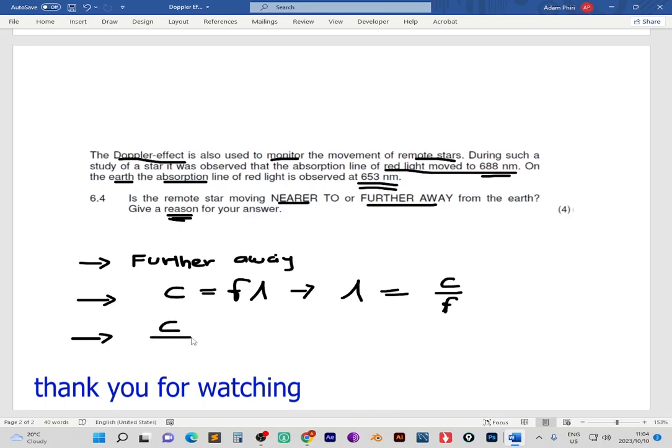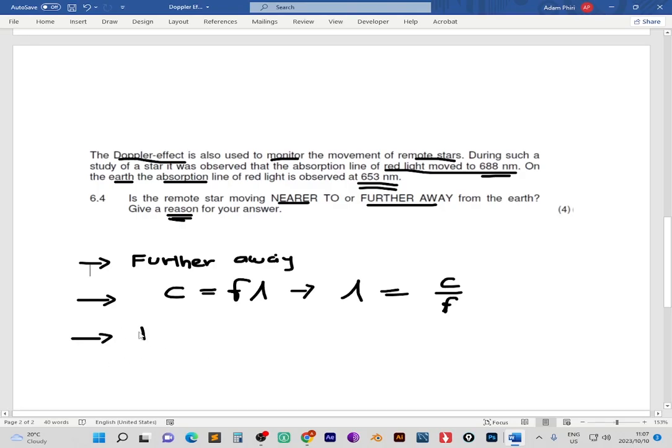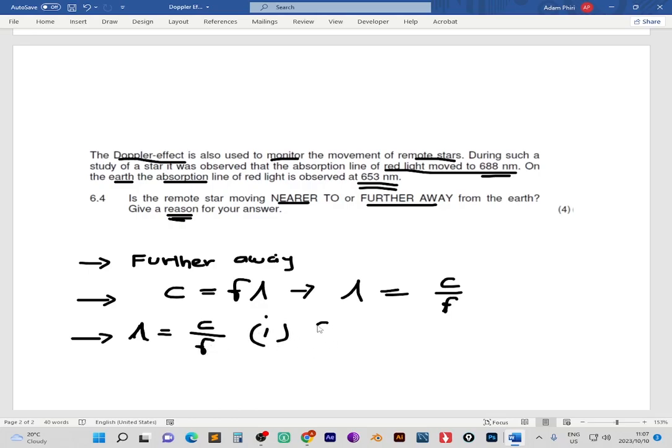So if it's the constant divided by frequency, then that is wavelength, because the constant is the product of the frequency and wavelength. You see that it's C over frequency. So you have frequency, which is the constant divided by wavelength.